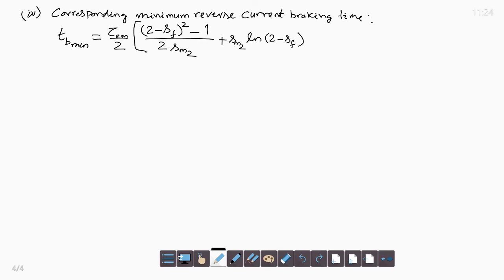Only thing is, in place of Sm we have used Sm2, corresponding to minimum reverse current braking time. Tau em is determined, Sf is 0.04 and Sm2 is determined. So, you can find out this minimum braking time is 0.92 second.